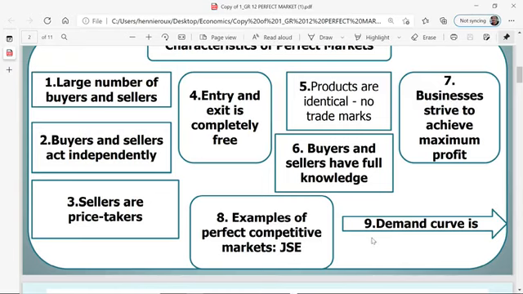And the last characteristic, the demand curve is horizontal, right? Another term you can use, as you know, when the demand curve is horizontal, this is also known as a perfectly elastic demand curve, right? A perfectly elastic demand curve, or the demand curve is horizontal.